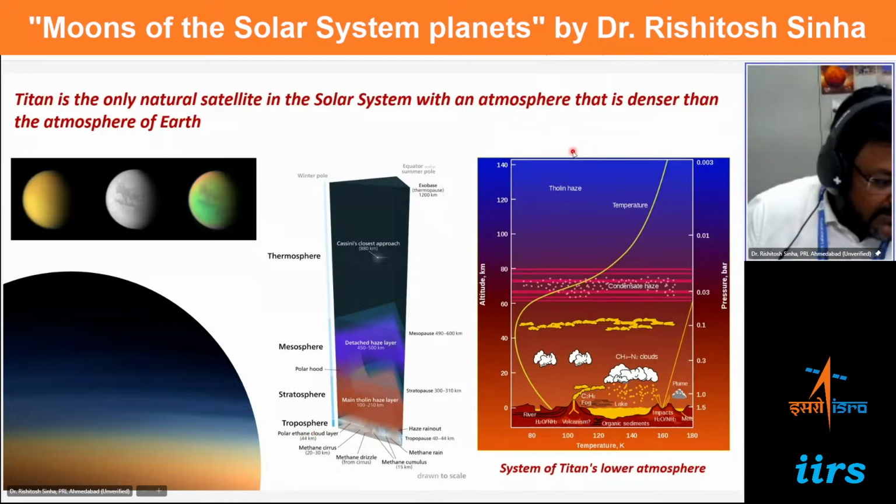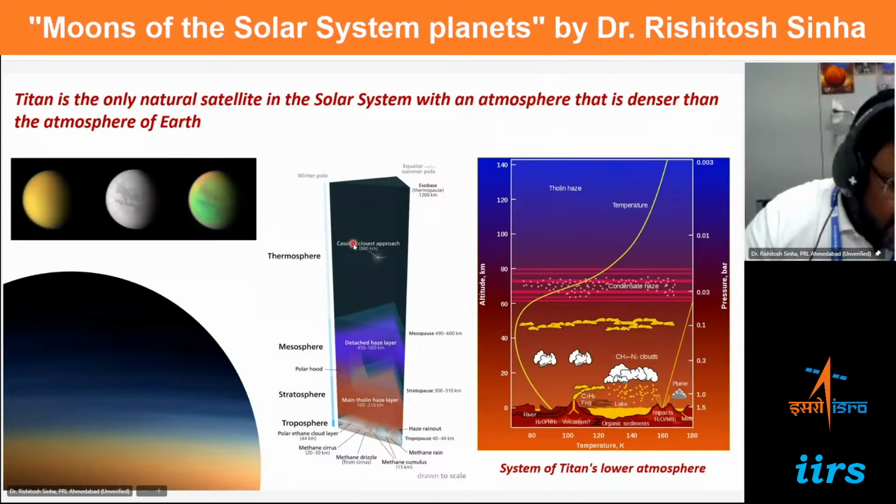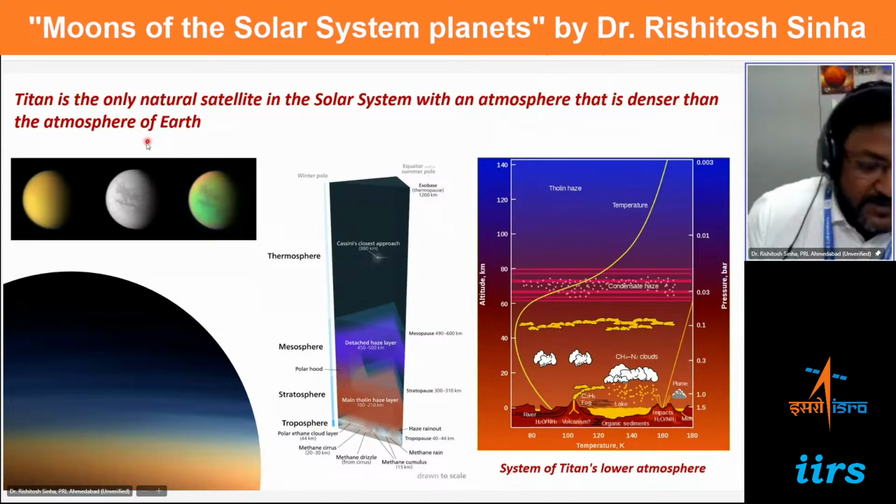And then as you go further above, you see a detached haze layer, which is found at an altitude of 450 to 500 kilometers. And as we go further, we see that there is an event of particle production in the thermosphere of Titan.